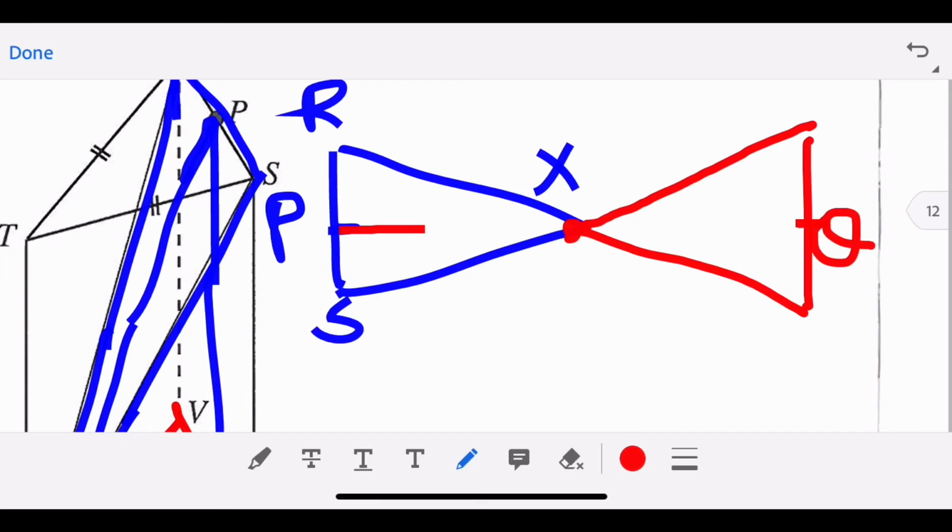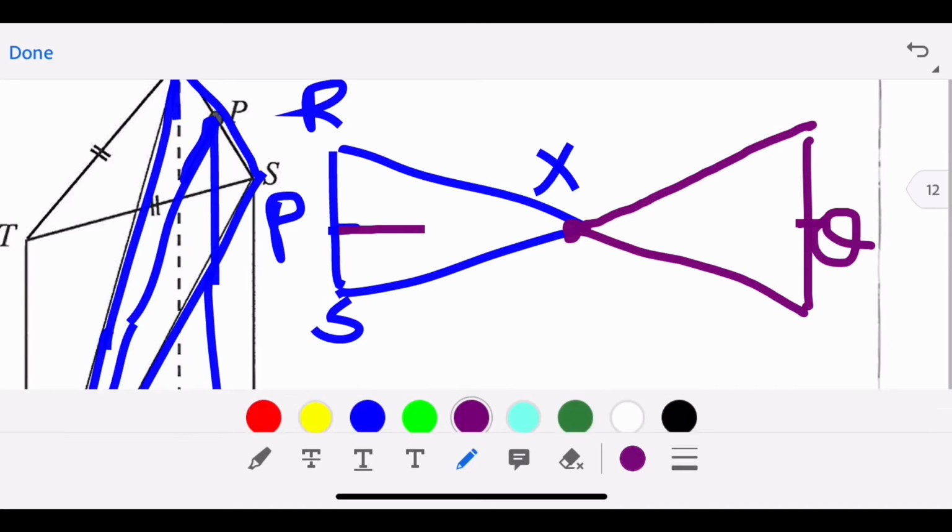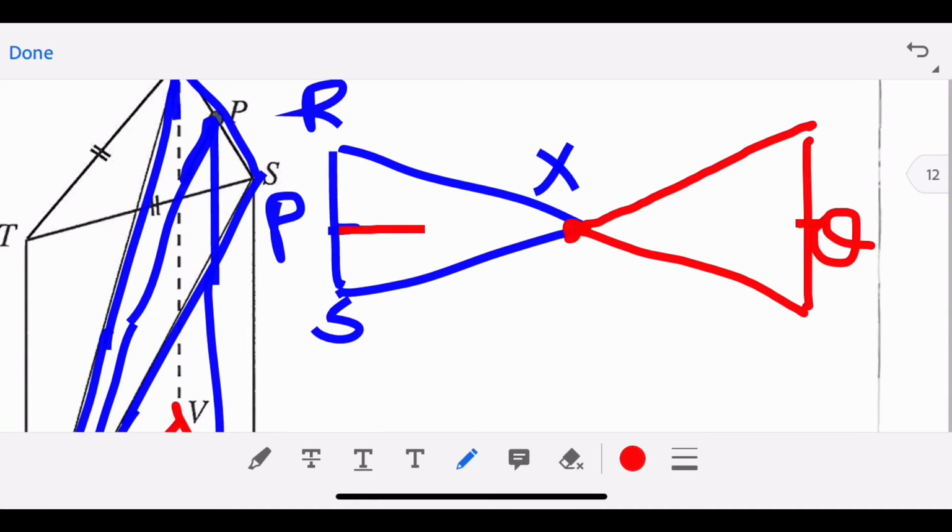PQ is a line of intersection, and then we draw another line which is a line of perpendicular. Line of intersection and line of perpendicular. It must be 90 degrees between the two lines so that you can find the angle. This is actually the basic concept.